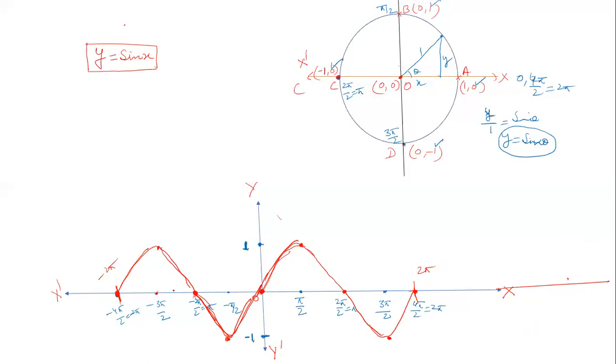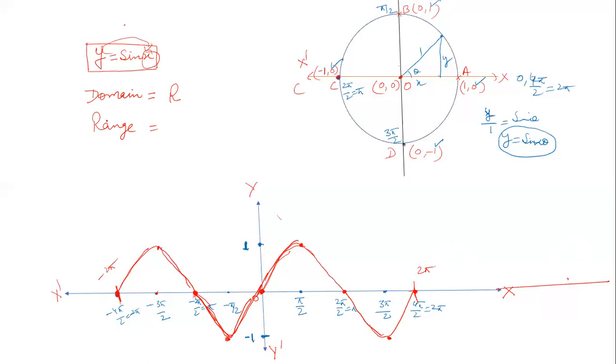Now, what have we observed from this graph? For which values of x is this graph defined? We can see that for every value of x, sin x is defined. So its domain is all real numbers. What is its range? Range means, on substituting all real numbers for x, what would be the output?